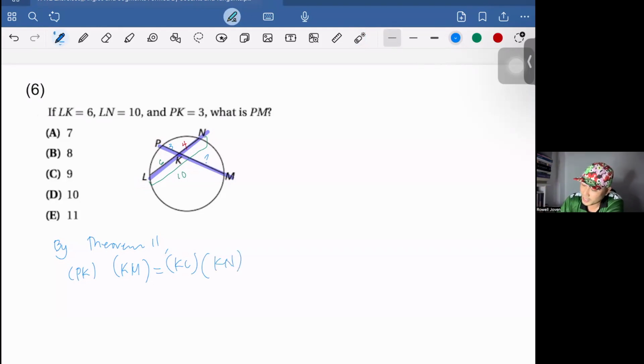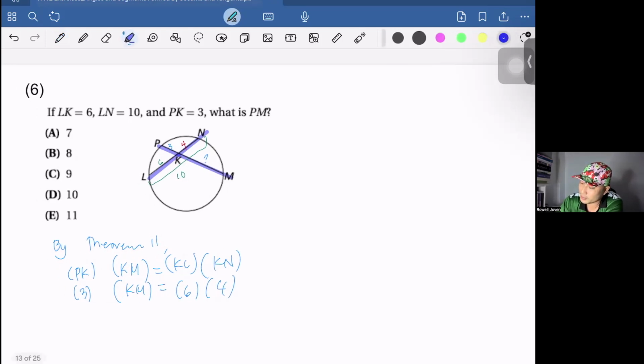So how long is PK? This is 3 units. How long is KM? We don't know KM, so just write KM. How long is KL, or LK? That's 6. KN is 4. So there is only one missing variable here, that's KM. So to solve for that, this is just the same as 3 KM equals 24.